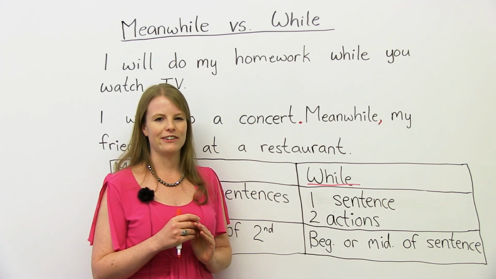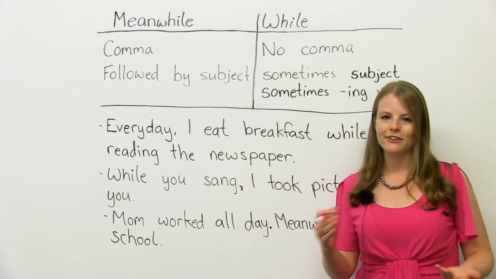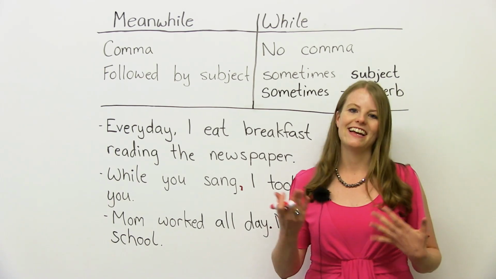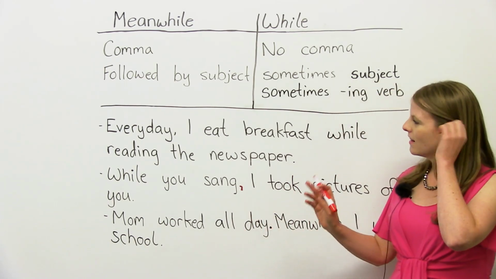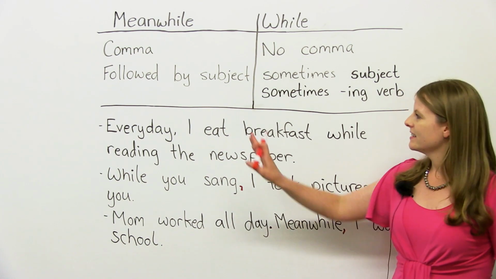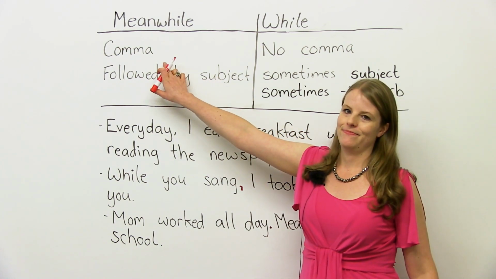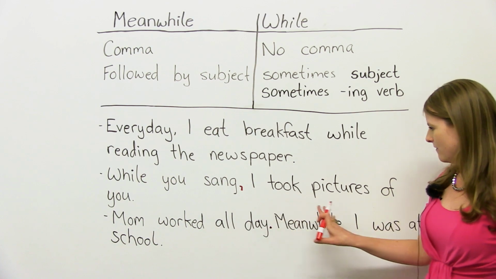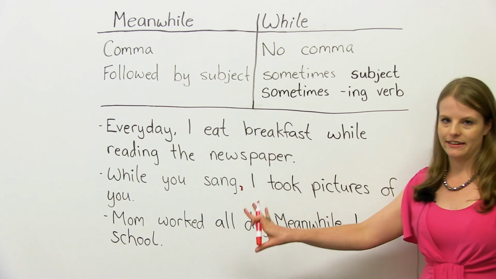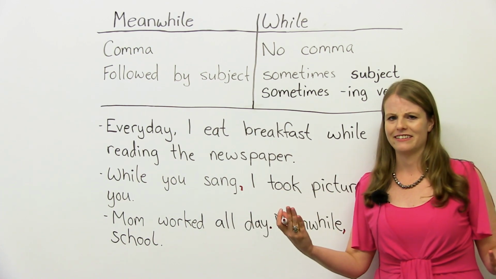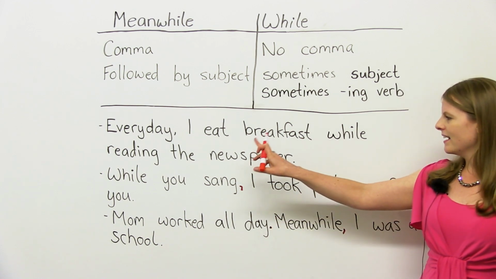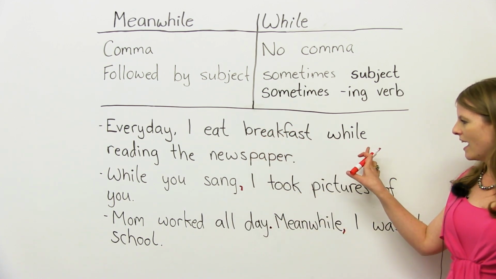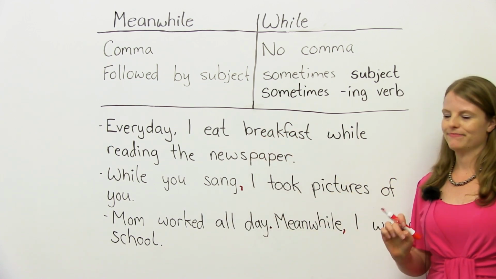So let's look at some more differences. What are some other differences between while and meanwhile? Well, one of them you might have noticed is the comma. So I have some new sentences here. Actually, let me first tell you these sentences. Every day, I eat breakfast while reading the newspaper.